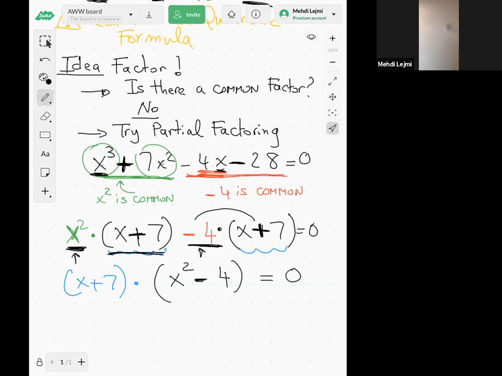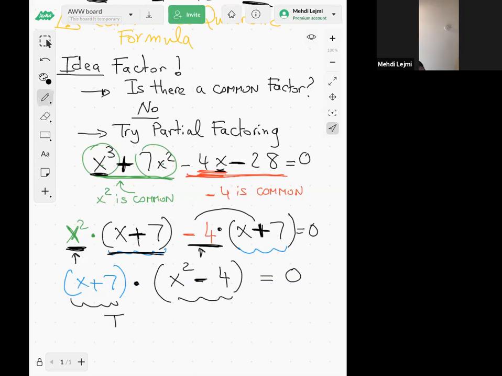Okay, so here's multiplication, right? Again, guys, we're trying to find the solutions of f of x equal to 0. And because it's not a quadratic function, we have to factor. Because when you factor, it means that you can write something like a product. And when you have a product of numbers equal to 0, then you know that one of the numbers is 0. So here I have this x plus 7 times this x squared minus 4 is equal to 0.